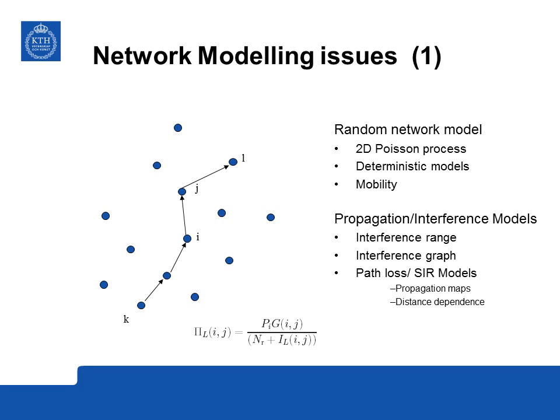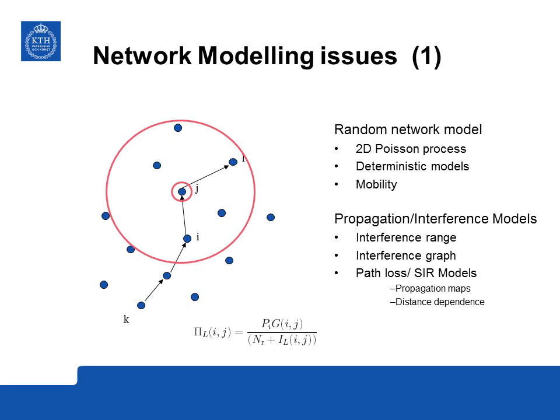The other issue is how the propagation, interference and collisions are modeled. Let's assume that, as in the graph here, there's a packet emanating from node K that wants to reach node L. At some intermediate point, node I transmits the packet to reach node J. There are a number of possibilities for how we model the interference and potential collisions at node J. A very popular model is to consider the interference range.